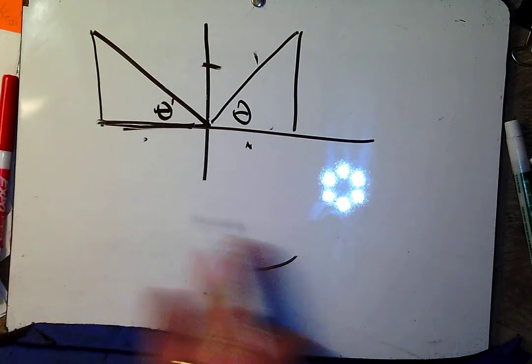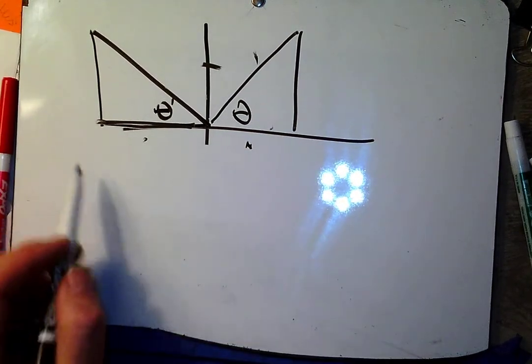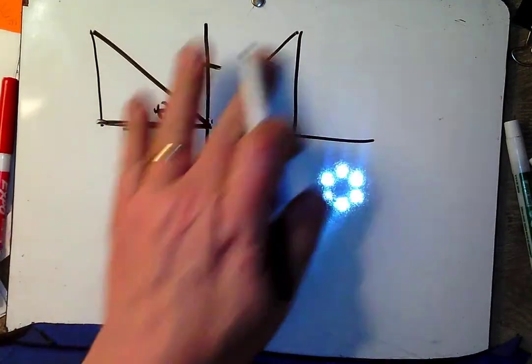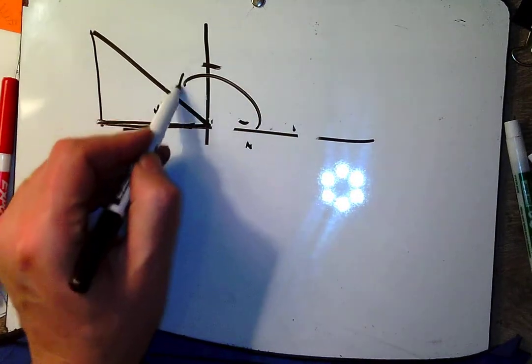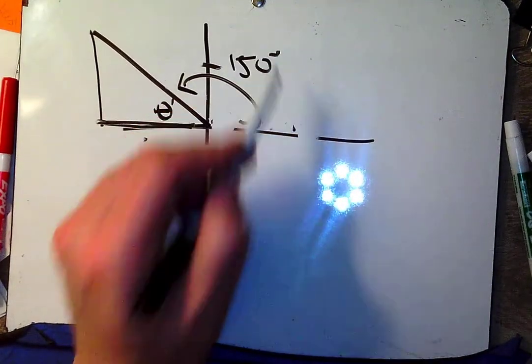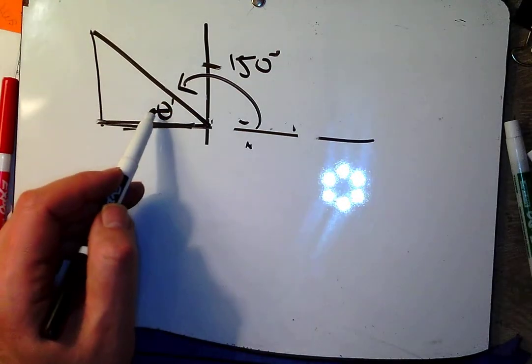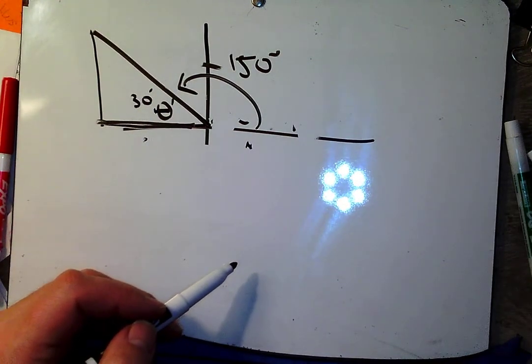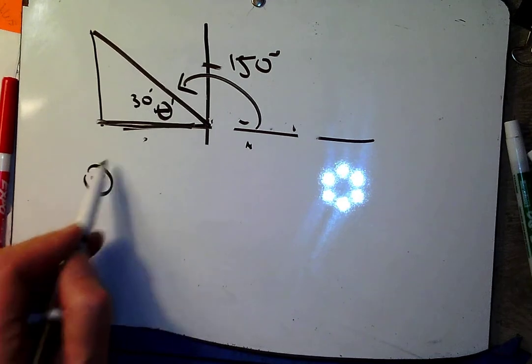I know, this is like really complicated stuff. And so what we would say is something like this. If I have this 150 degree angle, well, no, I'm going to use this angle, which is 30 degrees. So how can I find theta prime?